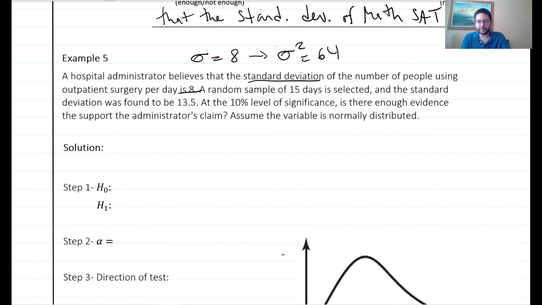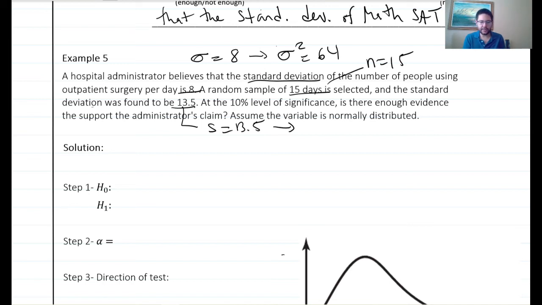Okay, so a random sample of 15 days is selected. So it looks like n to me, n equals 15. The standard deviation was found to be 13.5, so from the sample. That means that's the sample standard deviation, S. So S is 13.5, which means we're going to have to square that to get the actual variance here.